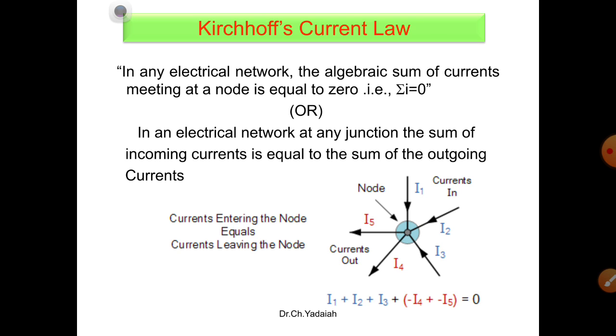So based on this, what is the formula? The algebraic sum of the currents at a node is equal to 0. We take I1 plus I2 plus I3 as positive, whereas I4 and I5, which are leaving, we take as minus. That is equal to 0. By simplification, we get I1 plus I2 plus I3 is equal to I4 plus I5. This is the simple Kirchhoff's current law.